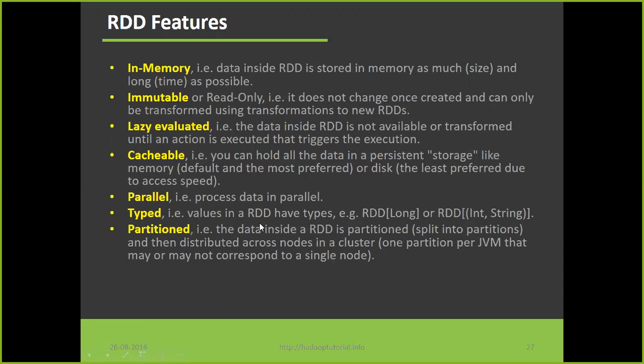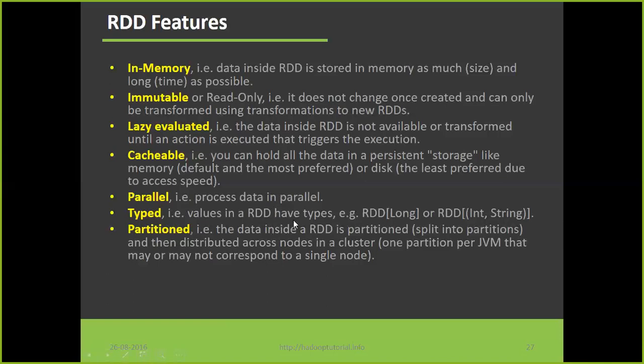RDDs can accept any data type, but once you set the data type, you have to insert values of that data type only. You can create an RDD of long, of string, of map, of anything. But once you declare it, meaning statically typed, that is it. Same as your collections: you can create array lists for any data type, but once you create an array list for one data type, you can add elements of that data type only.